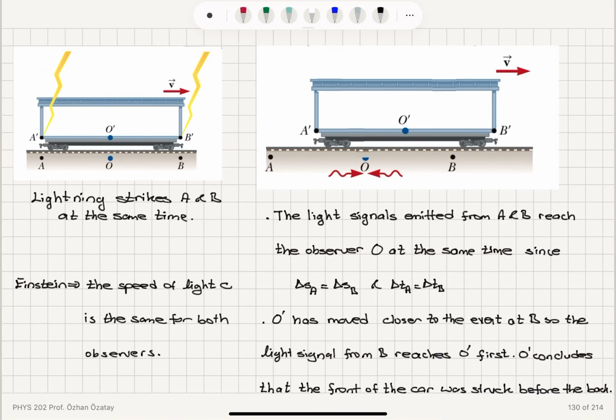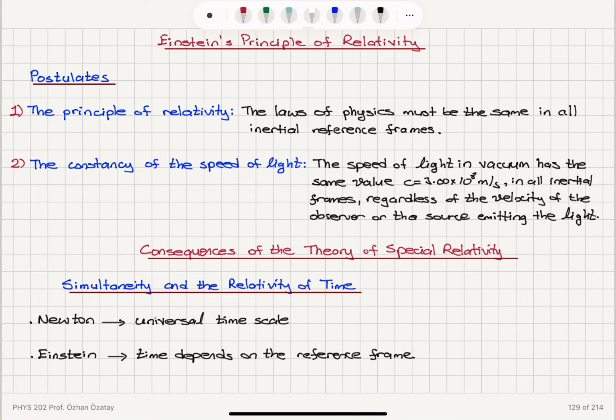All right, so let's summarize. Einstein's theory of special relativity is based on two postulates. The principle of relativity: the laws of physics must be the same in all inertial reference frames. Constancy of the speed of light: the speed of light in vacuum is c, regardless of which inertial reference frame we view it from. It's always c in vacuum.